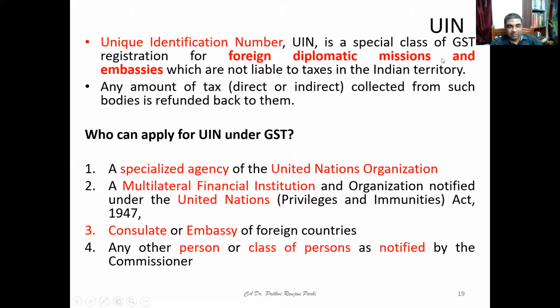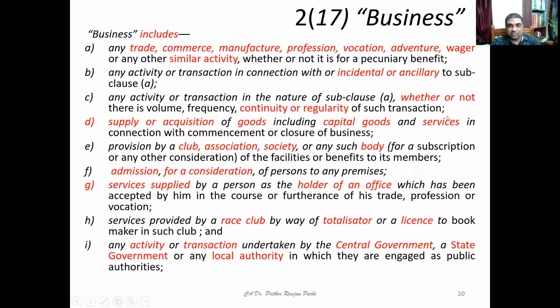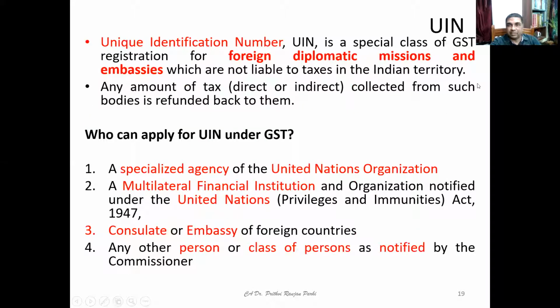Now, UIN, I was telling you, I'll be explaining this concept, what is UIN. Let us quickly know that. Unique identification number. UIN is a special class of GST registration for whom? For foreign diplomatic missions and embassies. They go for this kind of registration.